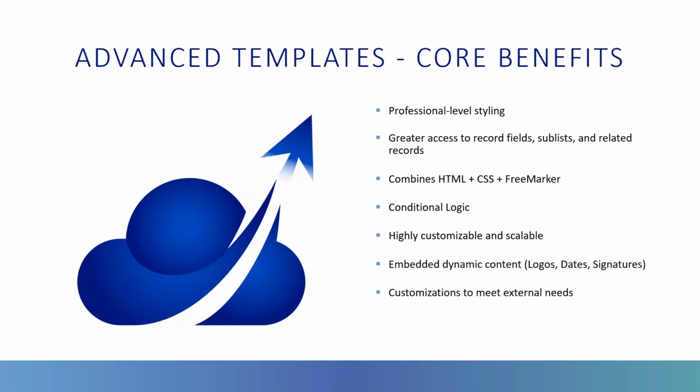And then again, customizations to meet external needs. So we all have some external stakeholders in our lives and in our worlds. So whether it's a customer, a vendor, your boss, whoever that might be, you might need to customize to meet their specific needs. And again, this is going to allow you to do that across all of our different record types.